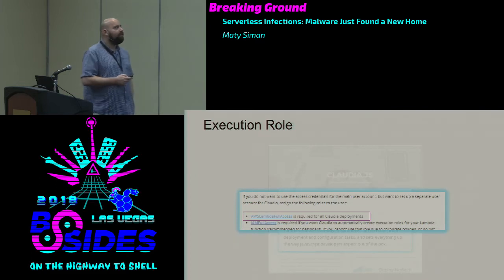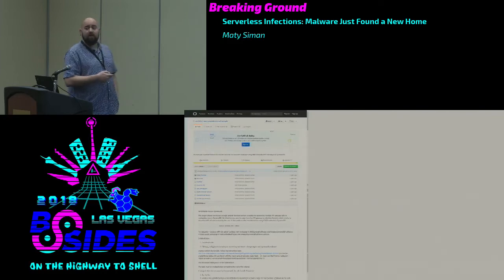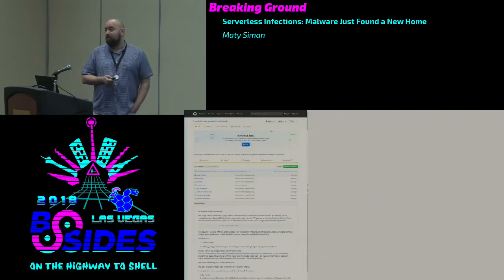You can see the AWS Lambda full access is required for a Claudia deployment. It happens all over the industry in a lot of places, including Amazon's own examples in GitHub.